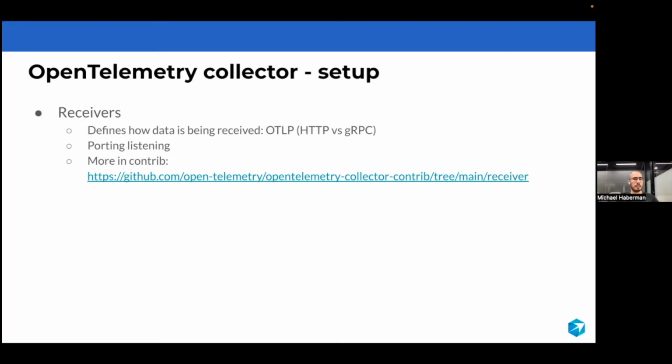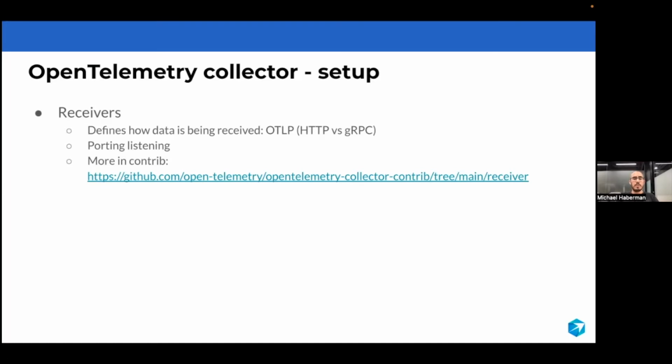It could be sent either over HTTP or over gRPC. And this is mostly a networking configuration of the protocol, things like which port it's listening to, SSL, and things of that sort.